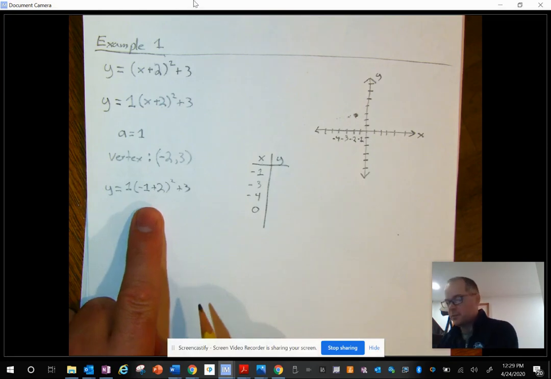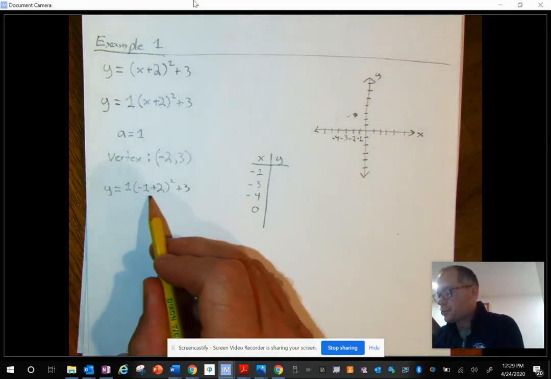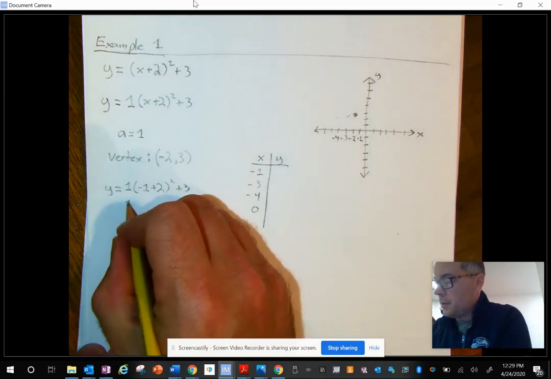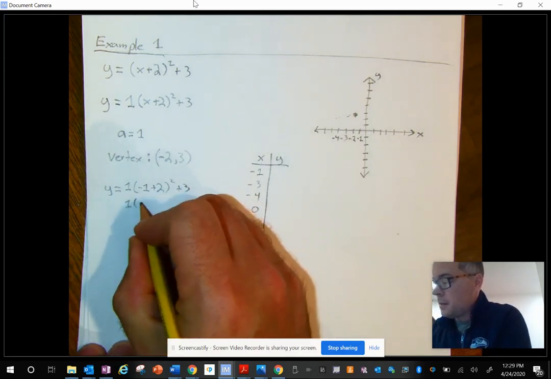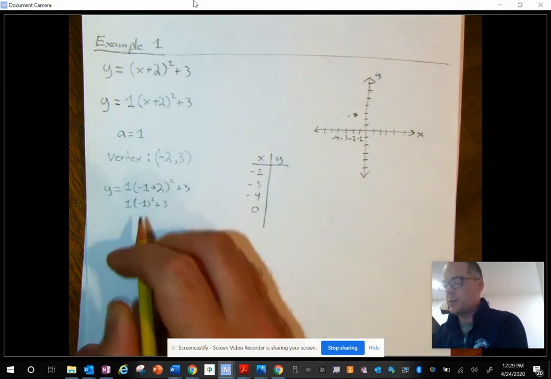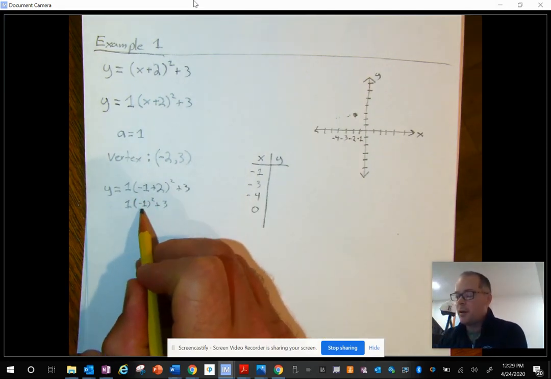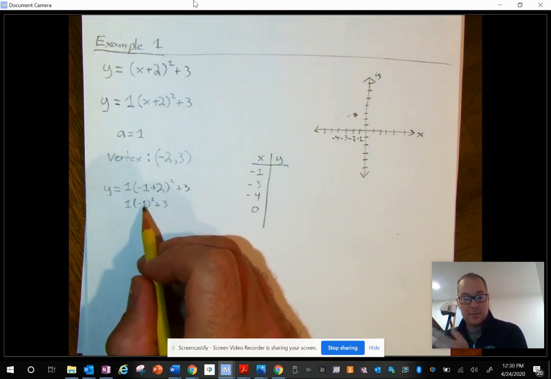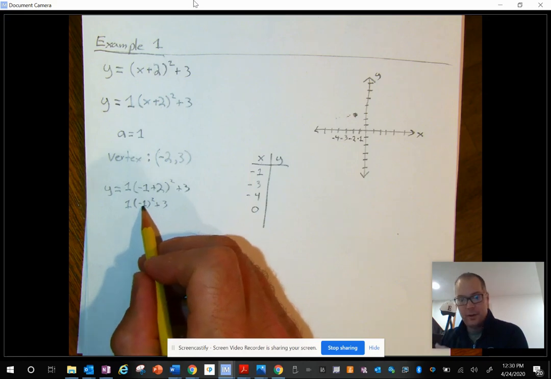So let's do parentheses first. -1 plus 2, that's a 1. So that means 1 times 1 squared plus 3. We can't do anything more inside the parentheses. Let's do the exponent. 1 times 1 is 1.